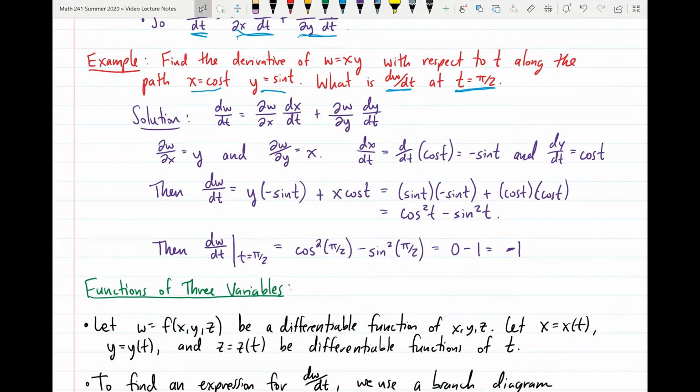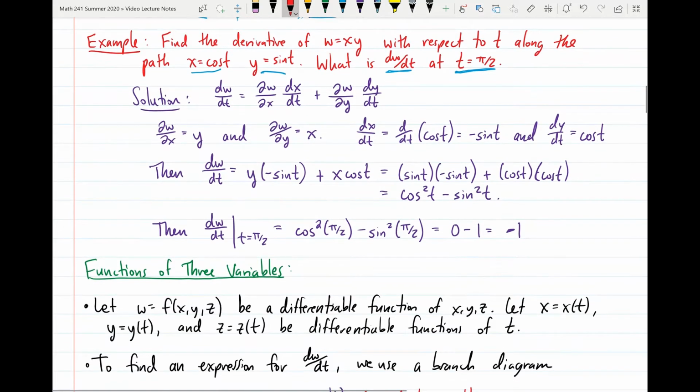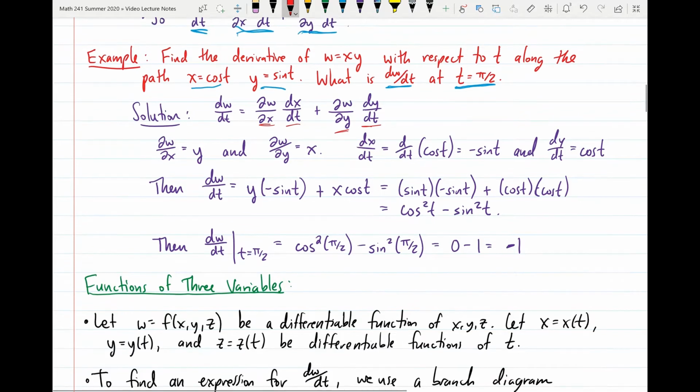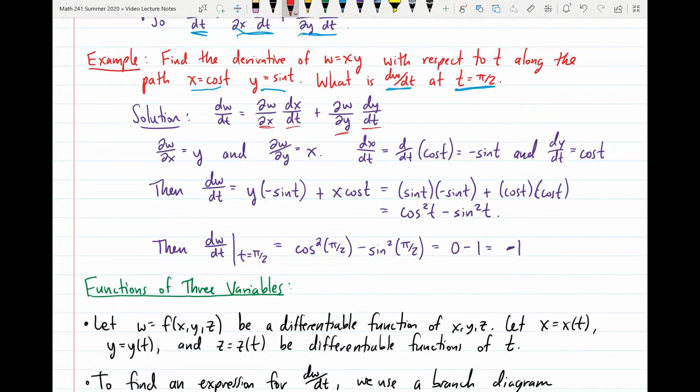Okay, so using the theorem from above, we know that the derivative of w with respect to t is going to equal partial w with respect to x times dx/dt plus partial w with respect to y times dy/dt. And now let's solve for all of these different expressions that are showing up in here, these 4 different expressions. So partial w with respect to x is just going to equal y, because w is just equal to x times y, and in this case we hold y constant.